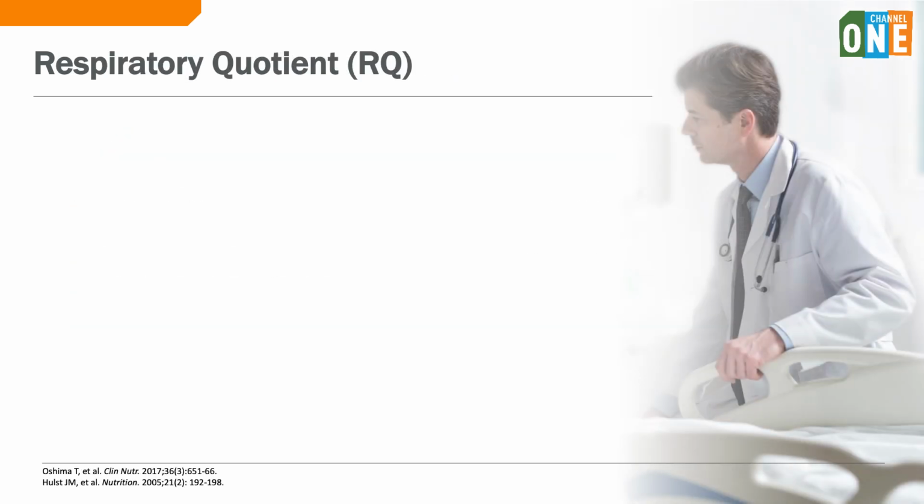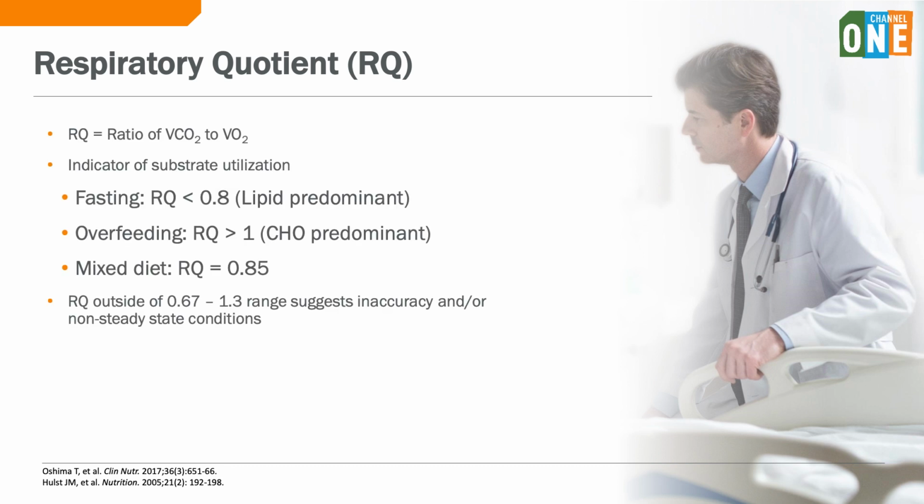The RQ is the ratio of carbon dioxide produced, or VCO2, to oxygen consumed, or VO2, and it reflects the predominant substrate being metabolized. An RQ of 0.7 suggests fat oxidation consistent with starvation or fasting. An RQ of 0.85 suggests a mixed substrate use, and an RQ of 1.0 suggests carbohydrate oxidation.